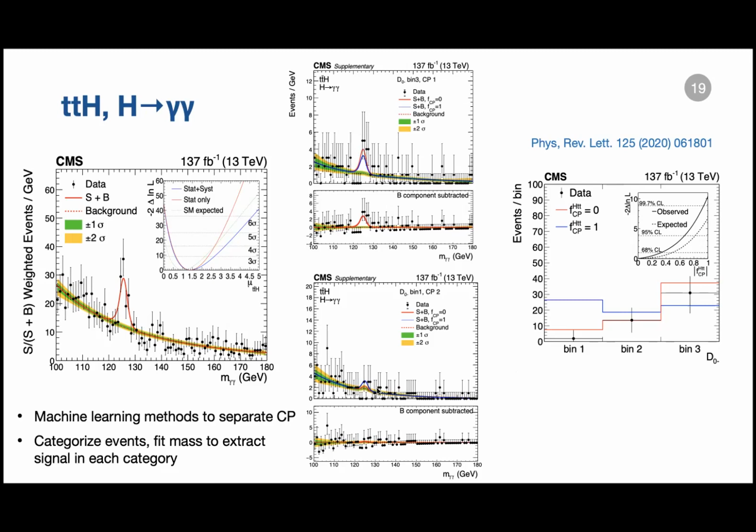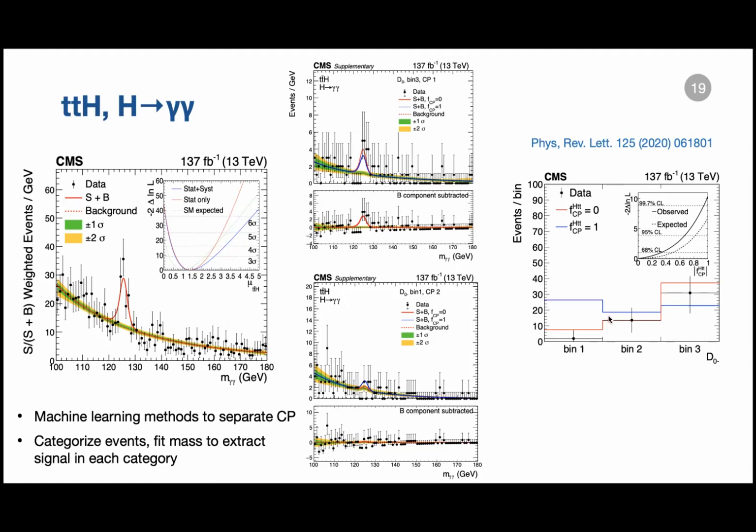The blue one, which is CP odd, has a higher number than the CP even. So by putting events into different categories, you could be sensitive to the CP nature of the Higgs. And then people just fit the invariant mass of the two photons in all the categories to determine what is the CP of the Higgs.